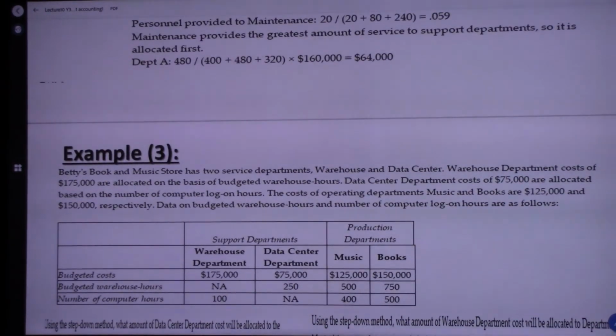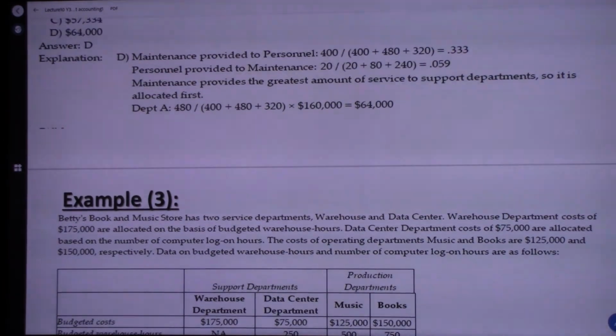The three examples on a step-down method are not difficult. Maybe it's a little bit weird for you. The only solution is you have to solve it more than one time by yourself.